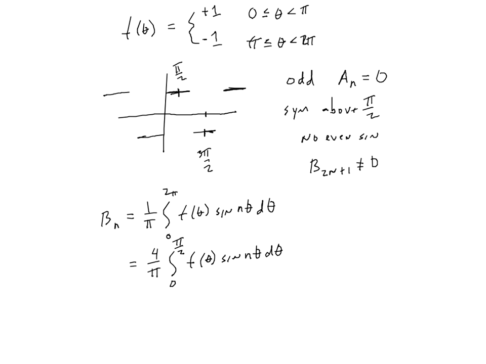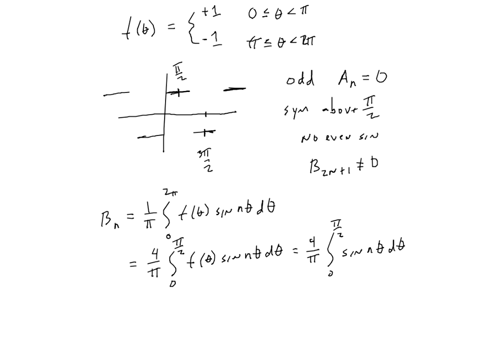Now we know that if you go from 0 to pi over 2, the answer for f is just 1, right? So all we're really doing here is integrating 4 over pi, integral from 0 to pi over 2 of sine of n theta d theta. Okay? Because f of theta is just equal to 1 in that range.